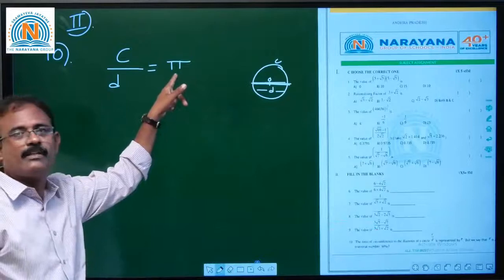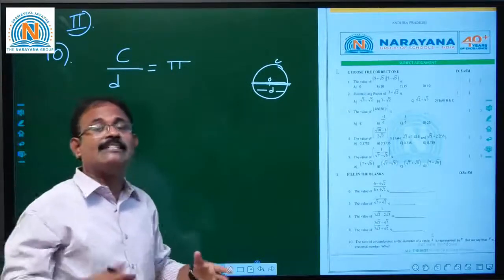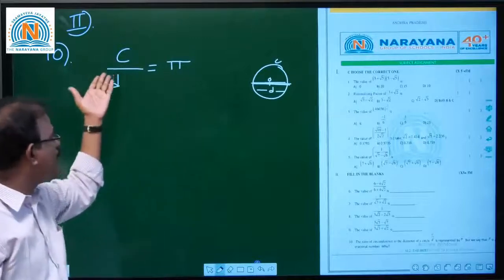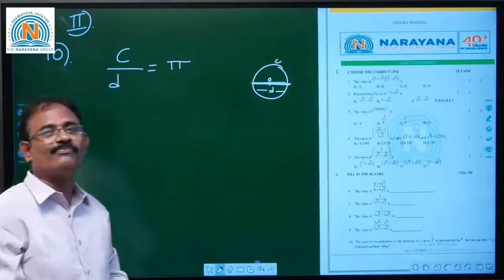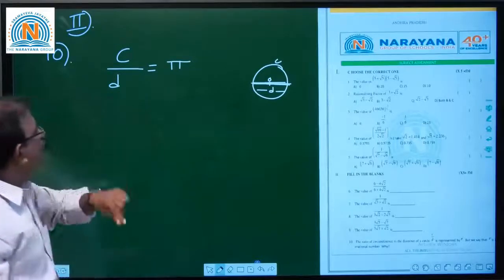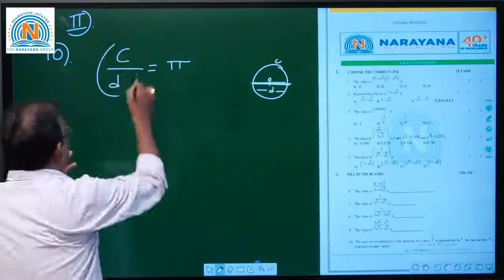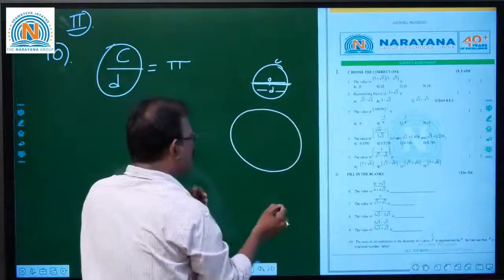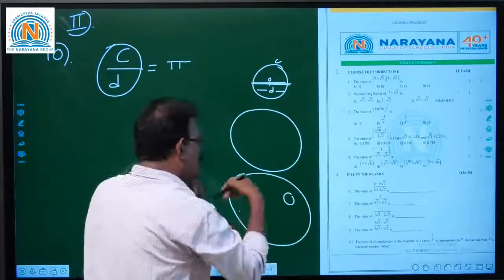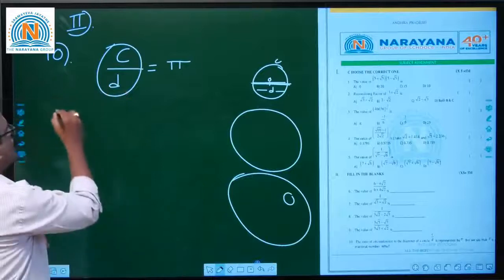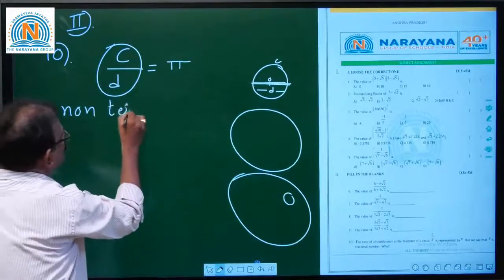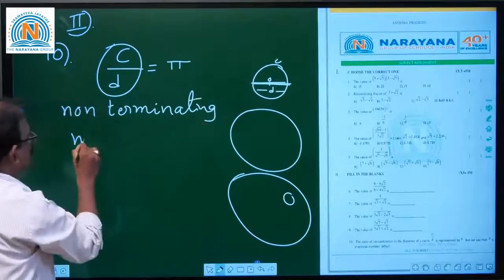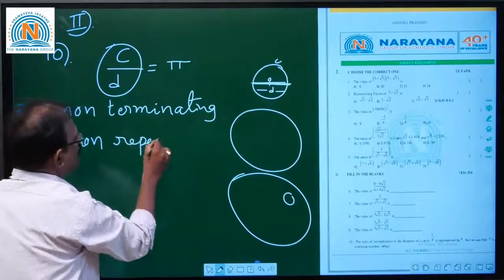Irrational number means, children, a number which cannot be expressed in the form of P by Q. But we are considering pi is C by D. C by D means it is in the form of P by Q. So, children, whenever you find this ratio of circumference to diameter, for a smaller circle or a bigger circle, very little or very large, the ratio is always a non-terminating, non-repeating decimal, children.